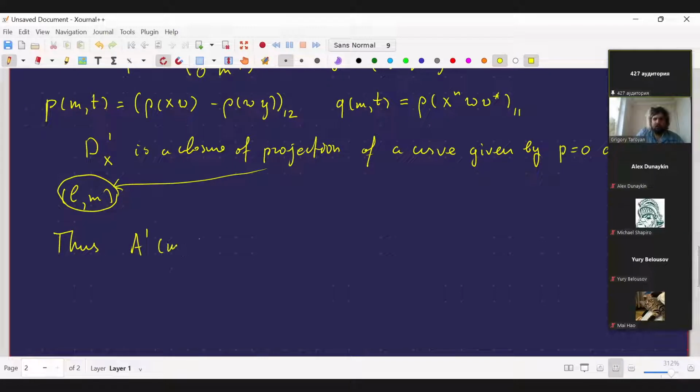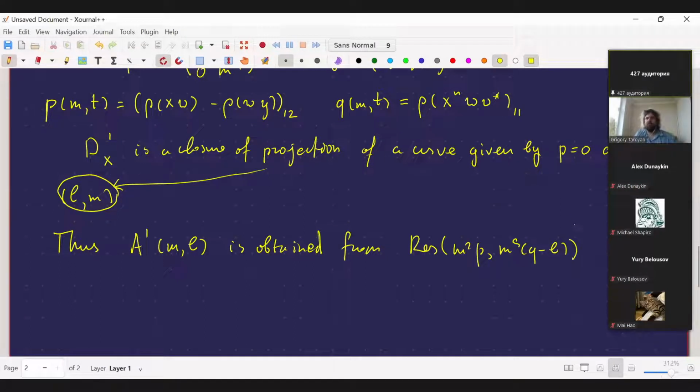Thus, A prime of M and L is obtained from the resultant of two polynomials after deleting repeating factors.